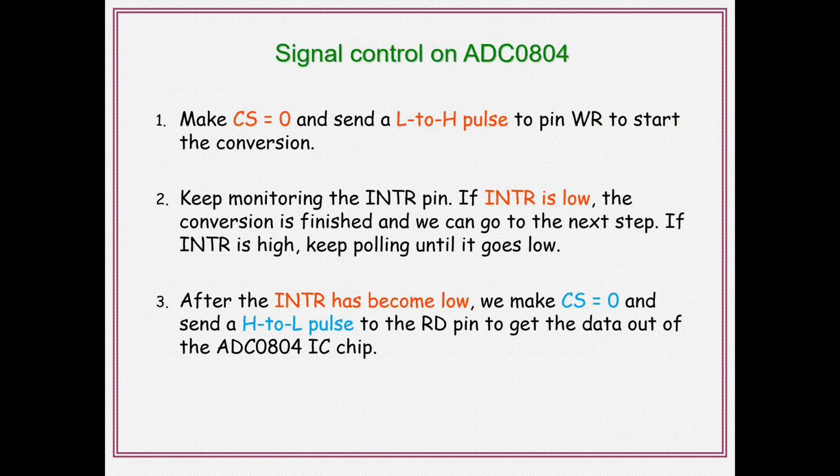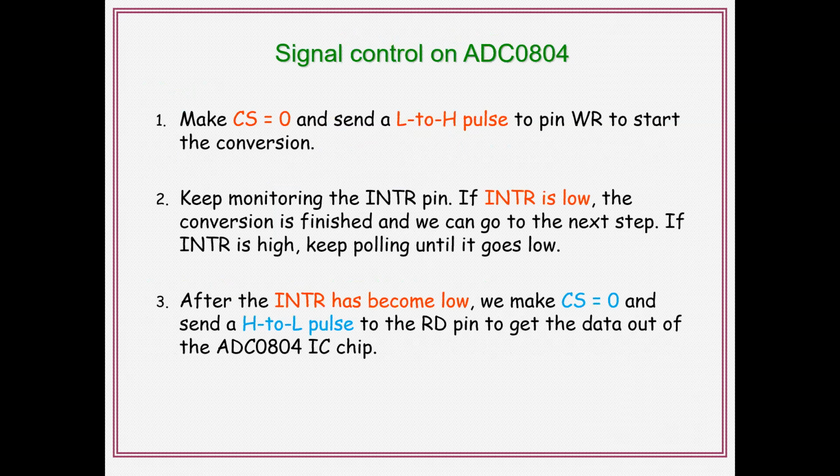Signal controls on ADC 0804. First one is make CS bar equal to 0 and send a low to high pulse to pin write bar to start conversion. Keep monitoring the INTR pin. If INTR is low, the conversion is finished and we can go to the next step. If INTR is high, keep on polling until it goes low.